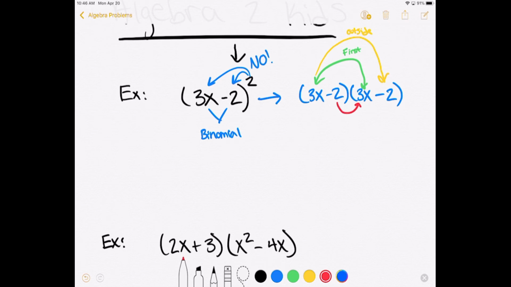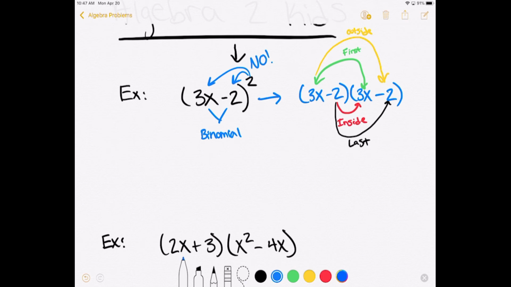Okay? The second one in the first parenthesis and the first one in the second parenthesis. That's our inside. So first, outside, inside. And then we got last, which is going to be the last thing in both parentheses. So the -2 and the -2, that's our last. And all you're going to do is multiply them together.